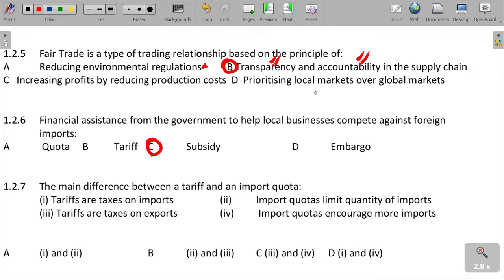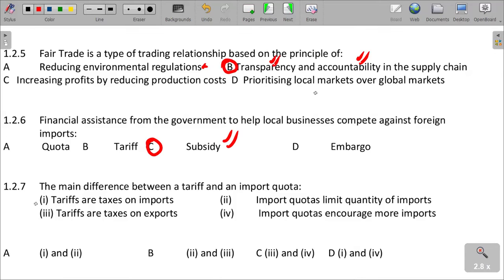A subsidy is an amount of money, a form of support the government channels to local businesses so they can be well established. They give them some form of financial support.